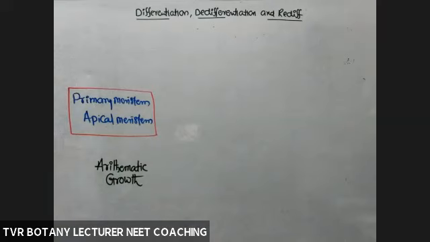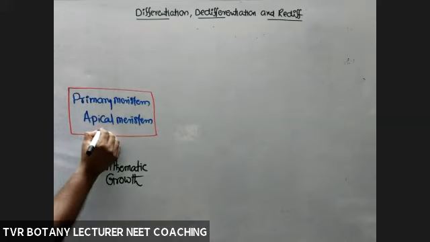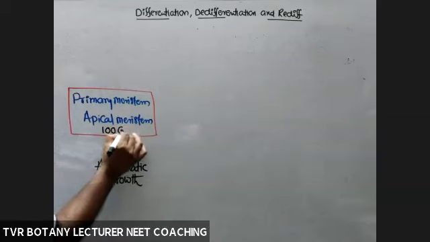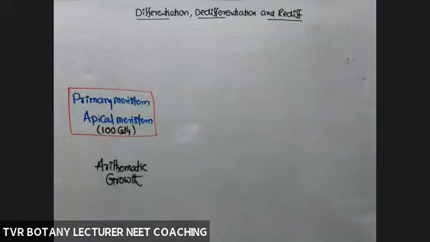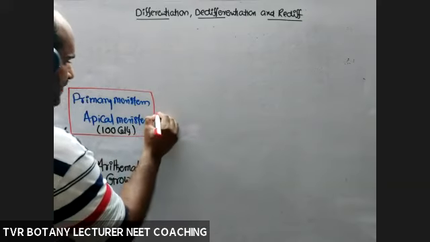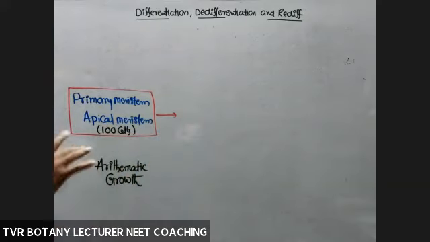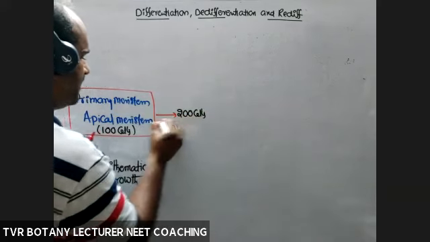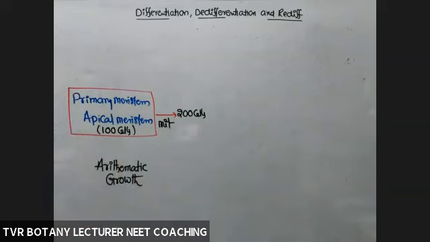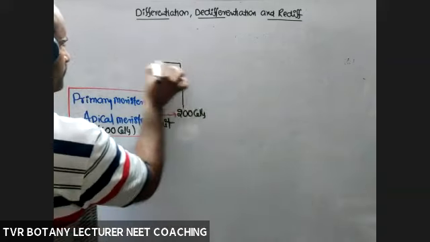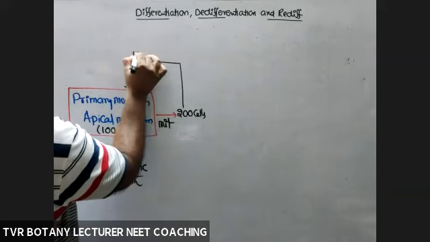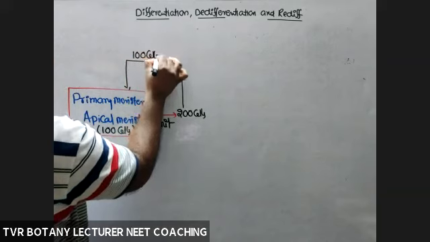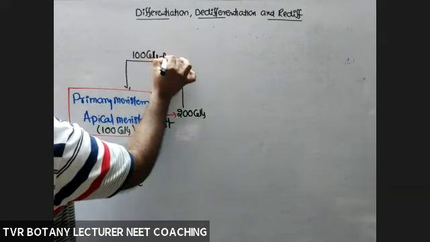We'll see here. For example, this apical meristem is with 100 cells. So mitotic division completed. How many cells are produced? For example, 200 cells are produced after mitosis. Out of 200, suppose only 100 cells continue mitosis.